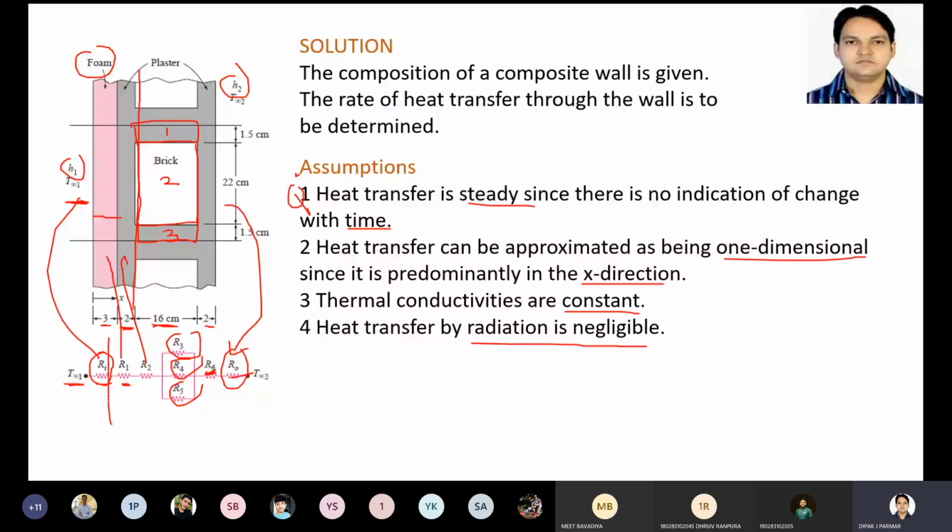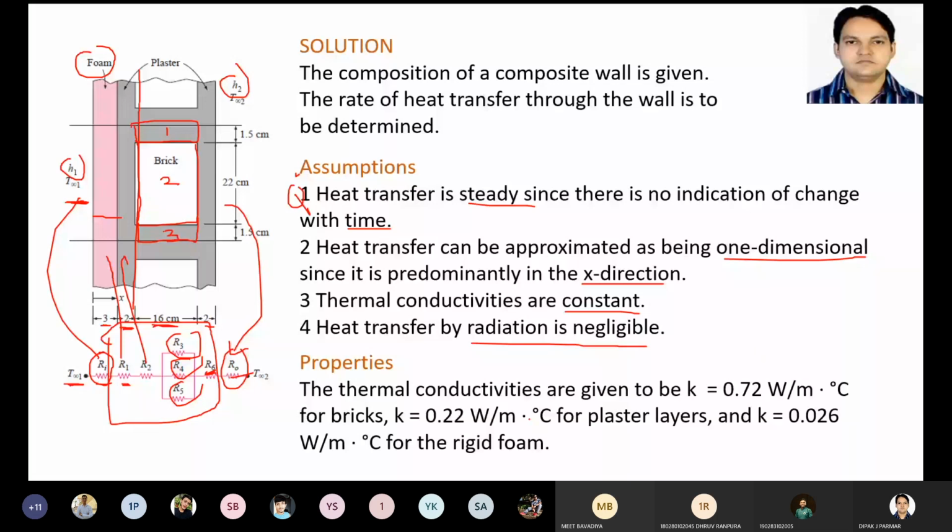The properties which are given: the thermal conductivities are K equal to 0.72 for brick, 0.22 for plaster, and K equal to 0.026 for rigid foam. So foam material conductivity is the least. Then plaster's conductivity is approximately 10 times greater than that of foam, that is, instead of 0.02 you have 0.22. And last is brick, whose conductivity is highest among these three.